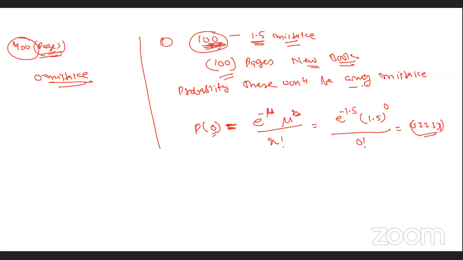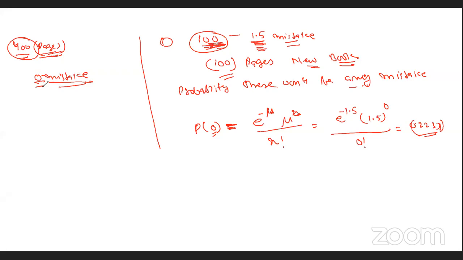So for 100 pages, the mistake is equal to 1.5. That is completely fine. But if a person is going to select 400 pages, what is the probability that there will be zero mistakes? Again, that is not an issue.